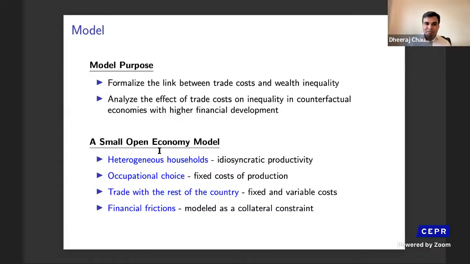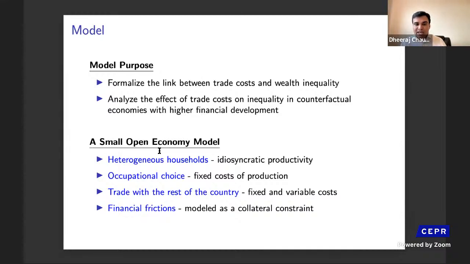So this small open economy has four key features, as I mentioned before. Number one is heterogeneous households, and these households differ in their entrepreneurial productivity. Please note that this is somewhat different from the standard workhorse model in macro, where idiosyncratic differences arise because of labor productivity differences.